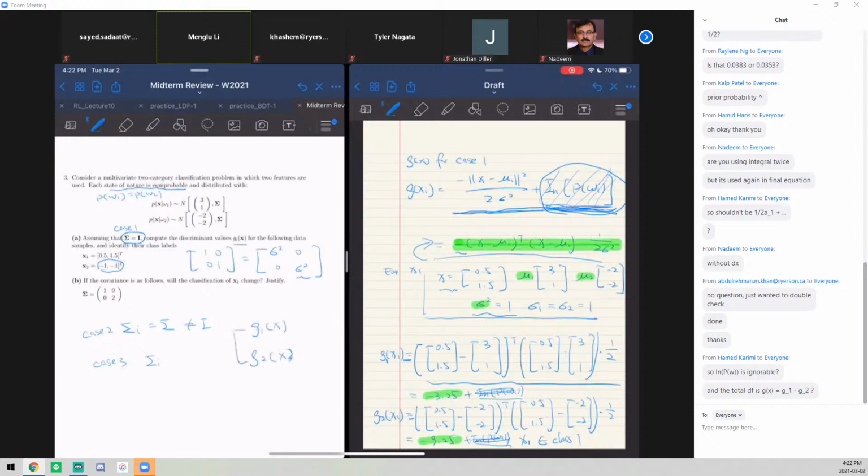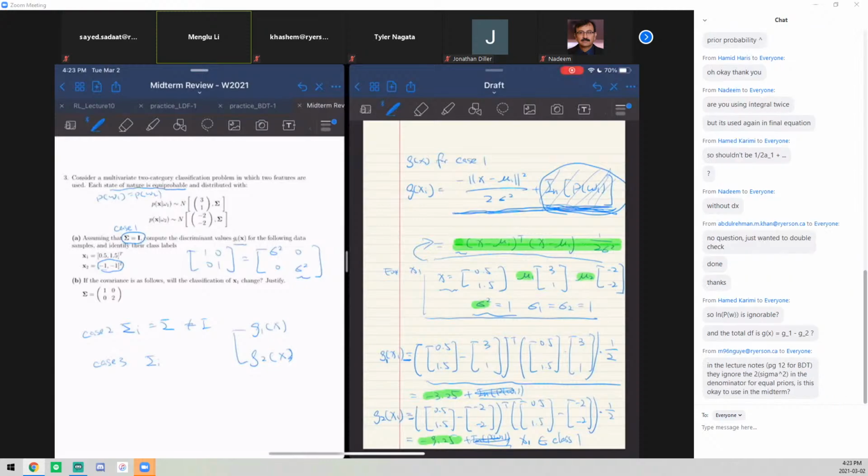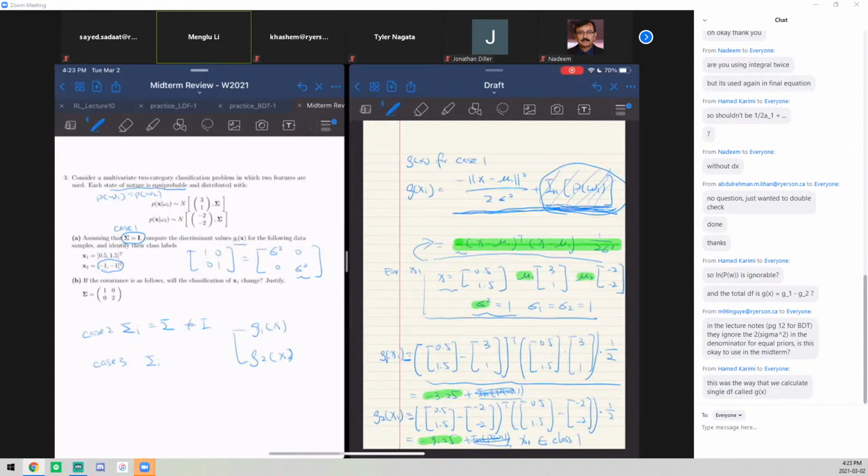Each class has one discriminant function, and we just compare the values of these two discriminant functions. We choose class 1 because it's closer to 0 or more positive. We choose class 1 because the discriminant function of class 1 is larger than the discriminant function of class 2.